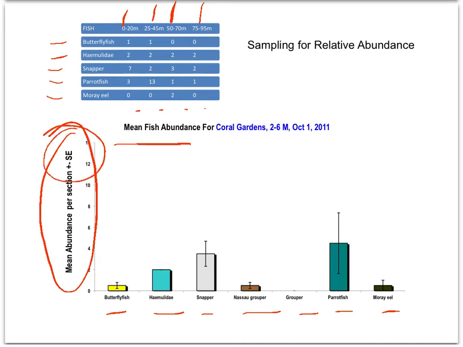This is plus or minus standard error, or SE. So we can see that what we've come up with is a relative measure of abundance, the number of these different kinds of fish per section, right? Per 20 meters by 5 meters, in terms of this belt transect survey.